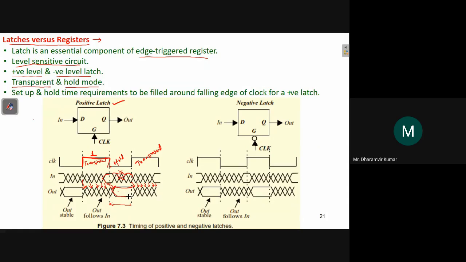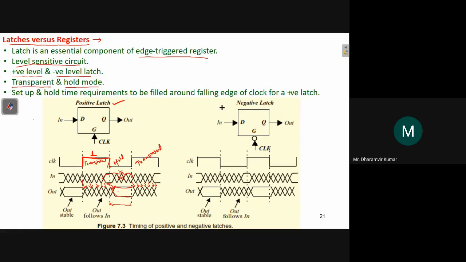It was not lost, and it started changing only when it entered into transparent mode. So in transparent mode, it copies data from input to output. In hold mode, it holds the last copied data. Again in transparent mode, it starts to copy the current data. Again, when it goes into hold mode, it holds tight the last copied data. So this is how the positive latch works.